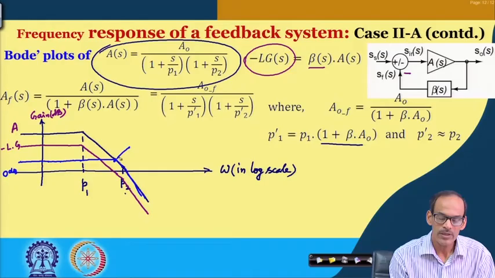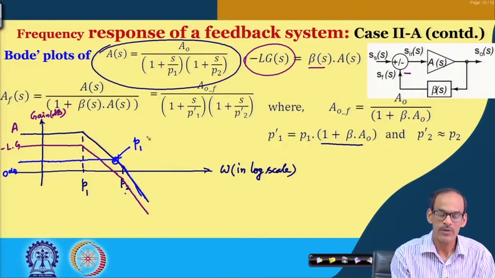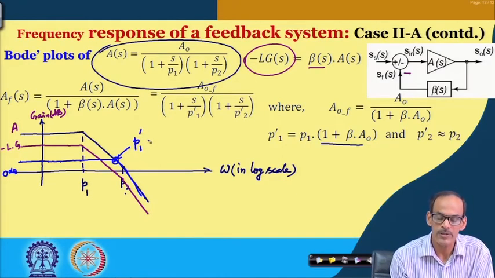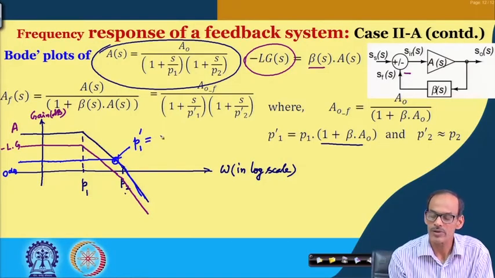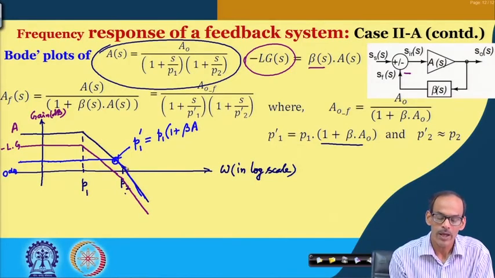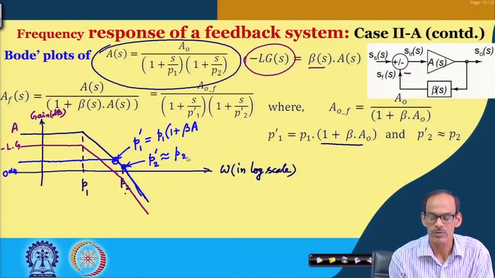So, this corner represents the first pole of AF, which we call P1 dash, and this is equal to P1 multiplied by 1 plus beta into A, and beyond this of course we do have the P2. We call it P2 dash, which is very close to this P2.